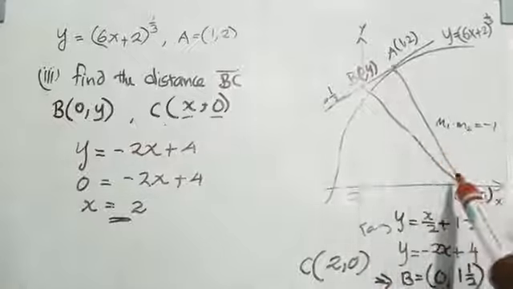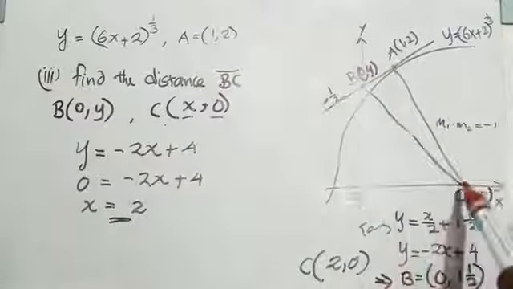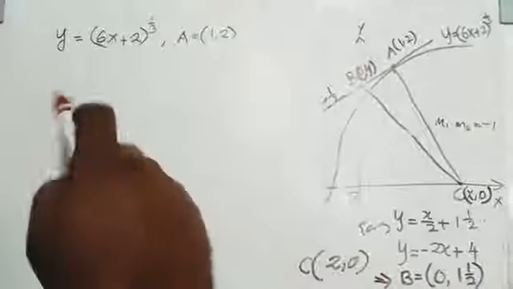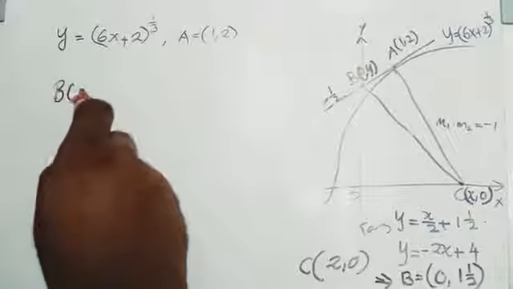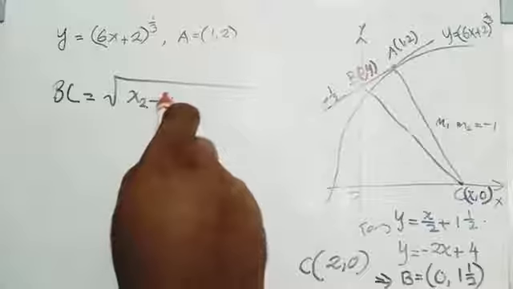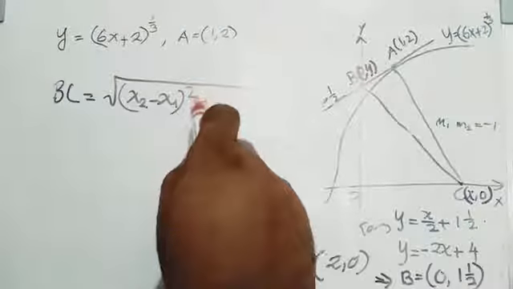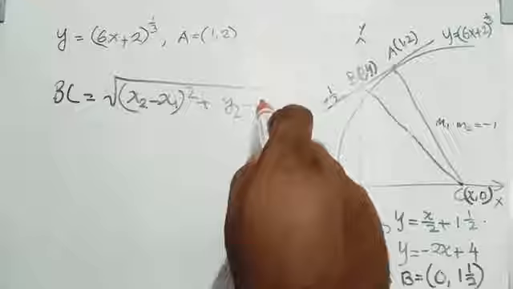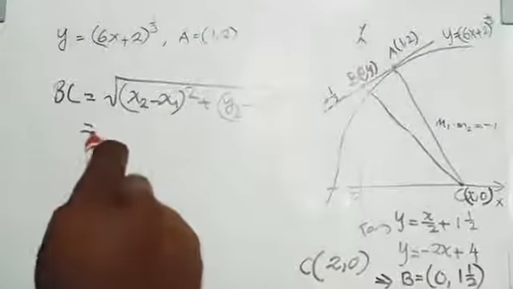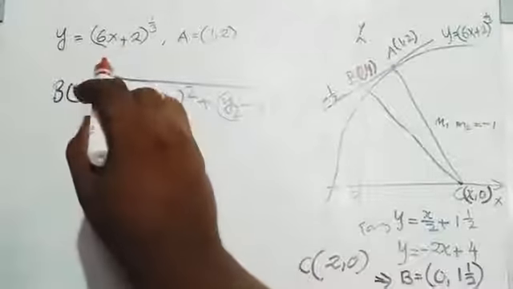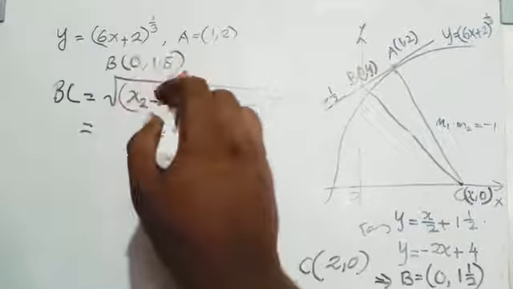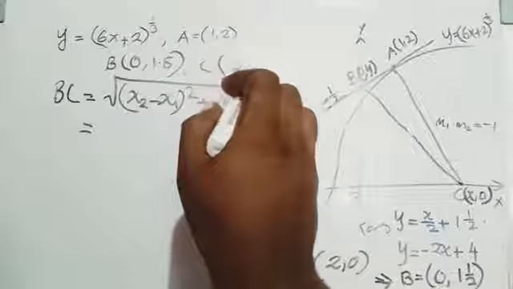Now we have to find the distance BC or length BC. To find length BC, let's use the formula root of (x2 minus x1) the whole square plus (y2 minus y1) the whole square. Our points are B (0, 1.5) and C (2, 0).